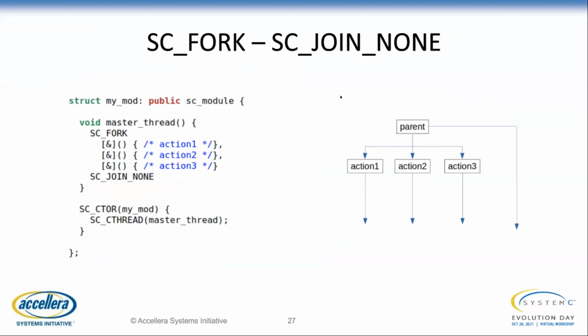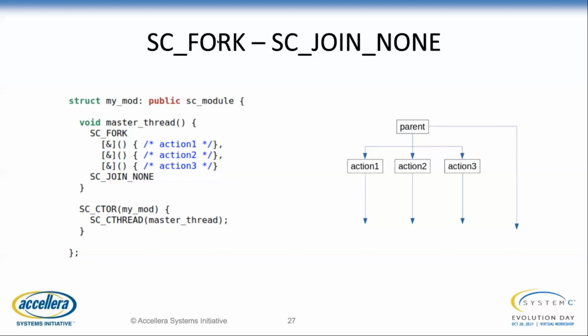And then there is join none. Even though you can do this with multiple calls to SC spawn, I thought it could be useful to have if you're porting code from SystemVerilog to SystemC and you want to automate it somehow.